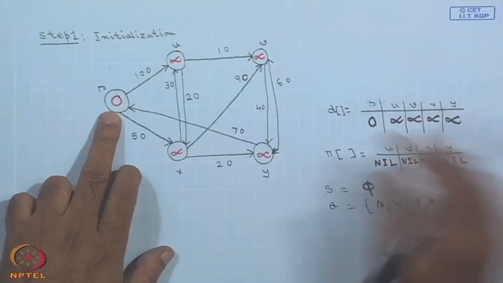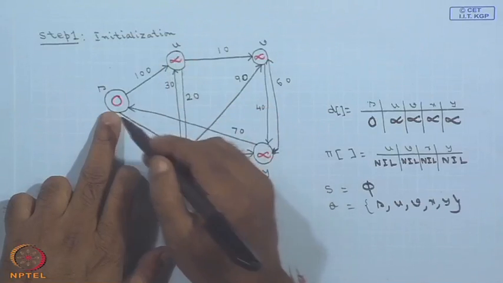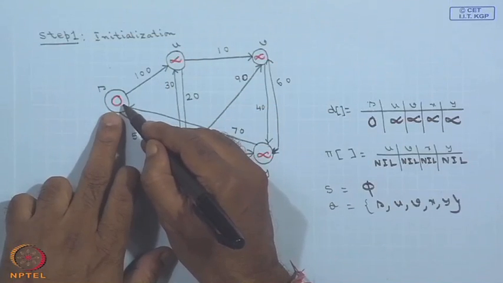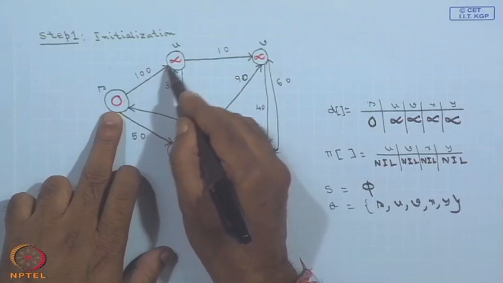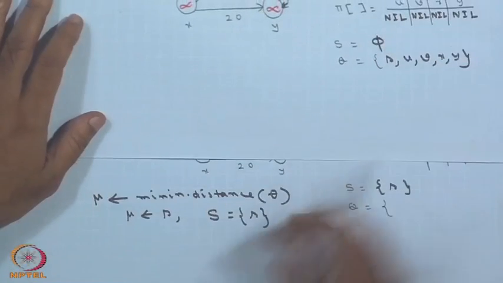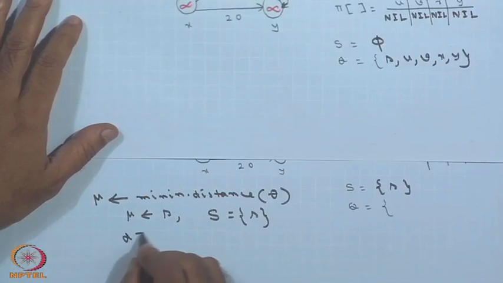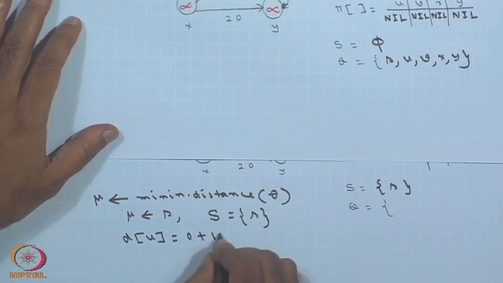So du, the distance of u, will be the value of the source S, that is 0, plus the weight for moving from S to u, that is 100. So du equals 0 plus 100.